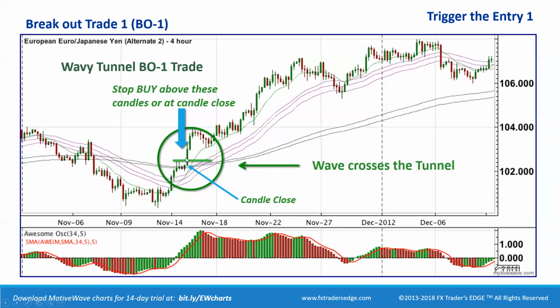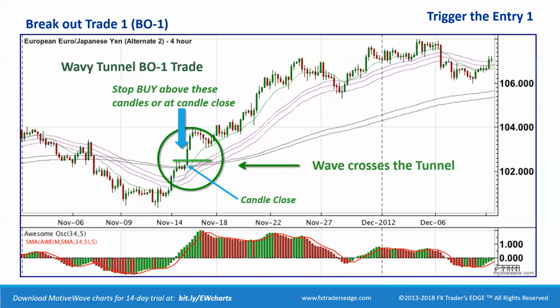If the candles are closing above this long green candle, this is a 4-hour candle, so you could certainly buy at this candle close. The filter is definitely pointing up and the wave is pointing up at that point.